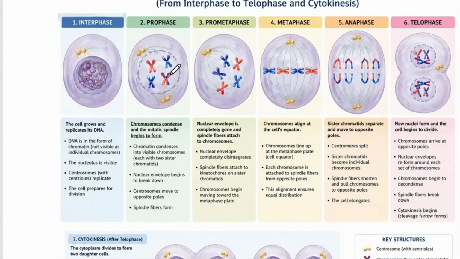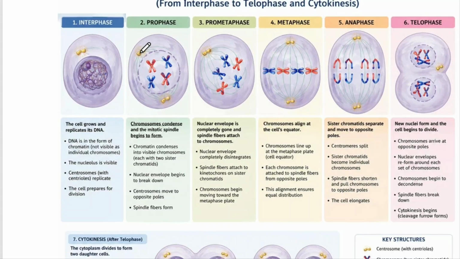Next is prophase. During this stage, the chromatin condenses into visible chromosomes and the nuclear envelope begins to disappear, and meanwhile the centrosomes move toward opposite poles.